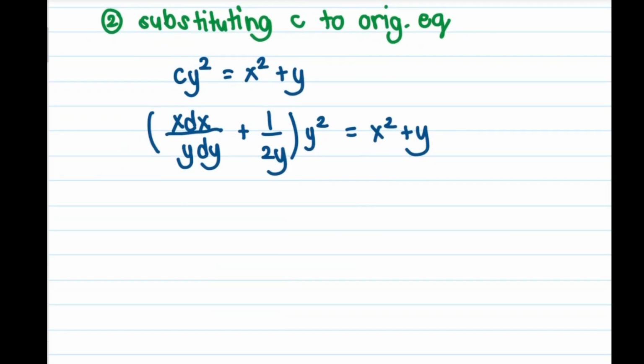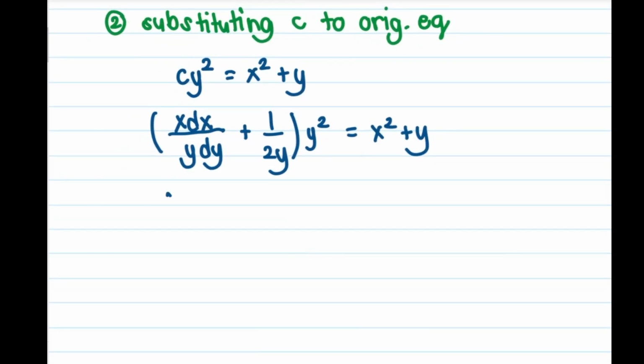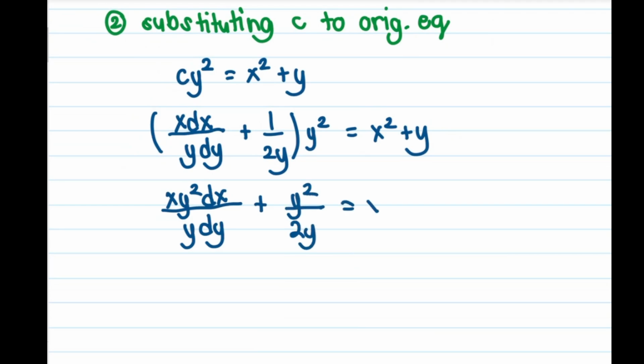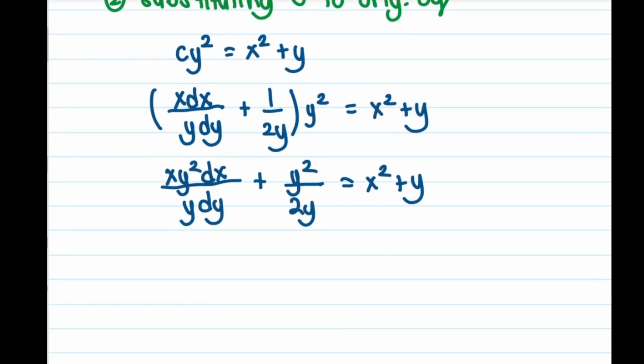Distributing y squared, that one will be xy squared dx all over y dy plus y squared all over 2y. So canceling out common terms, like terms, this one will be cancelled out and this one as well.